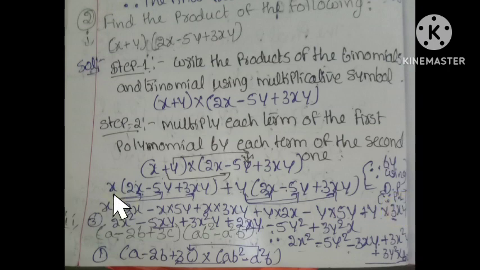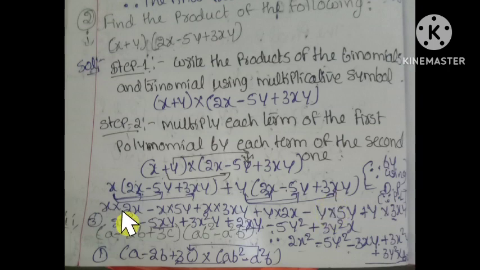So x into 2x, minus x into 5y, plus x into 3xy, plus y into 2x, plus into minus is minus y into 5y. Next, plus into plus is plus, so y into 3xy. Next, third step, combining the like terms, we will get the final product only.